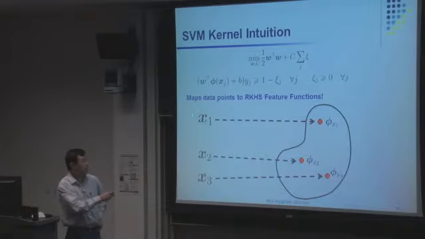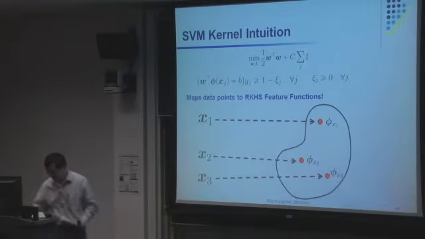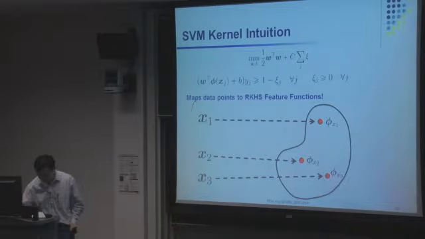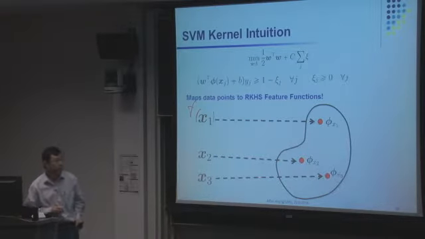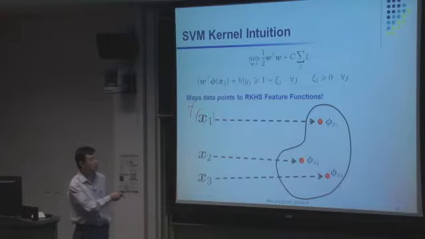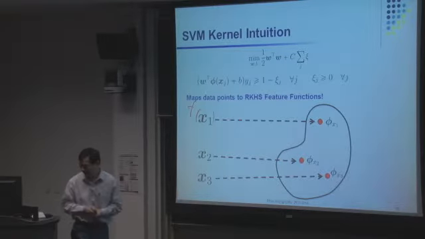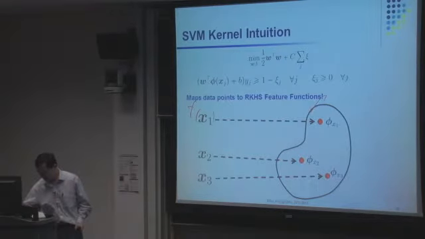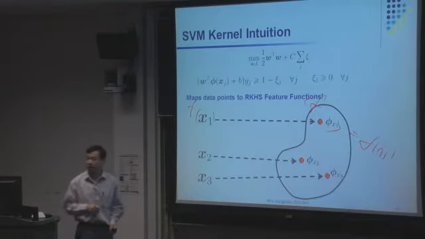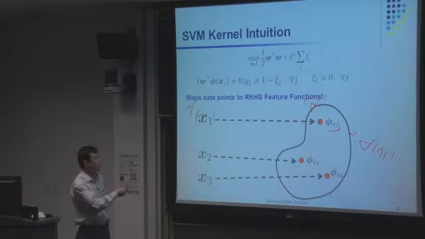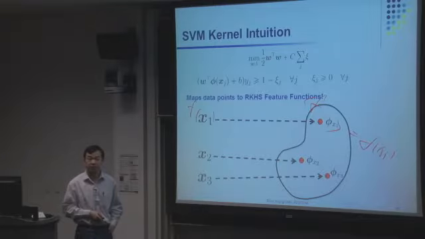Because whenever I want to evaluate a function over that, all I need to do is multiply my function with this guy. Then I get f of xi, right? So this is a one-to-one mapping of an original data point into a feature function.